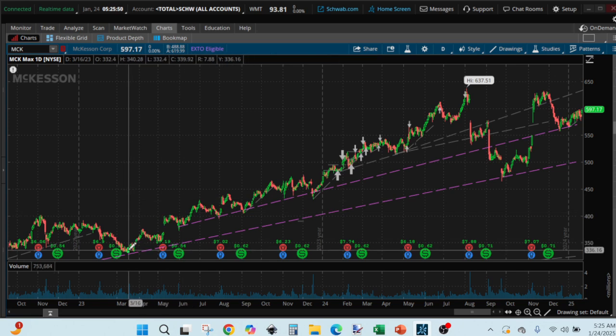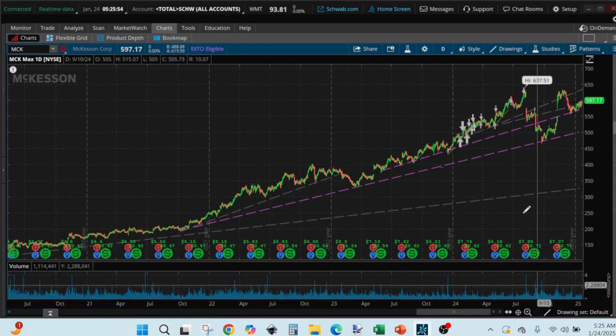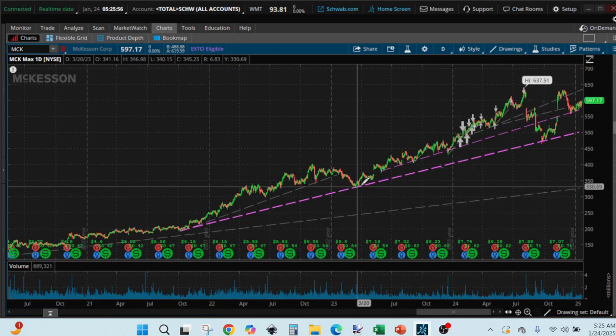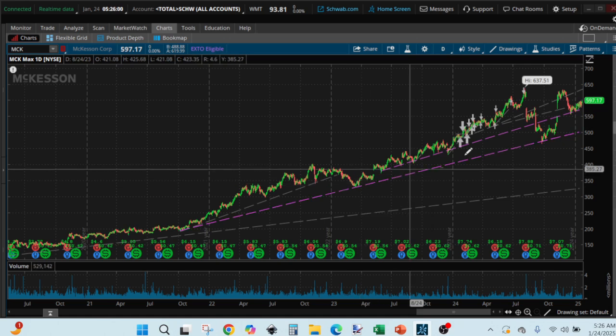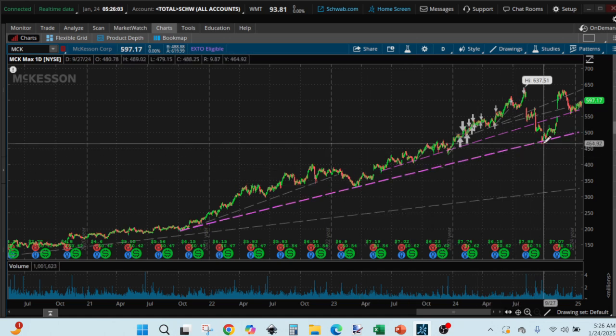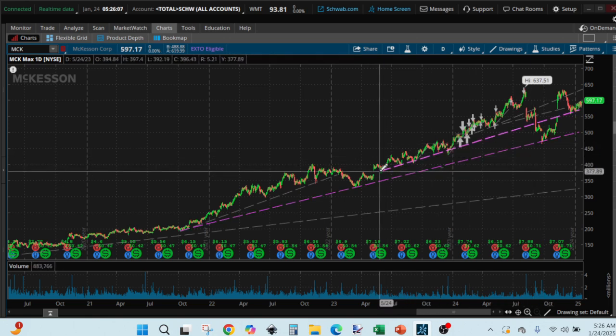Does that make sense? So it touched base with it in 2023. It touched base with it in 2024. Within those two, it traded on this trend line.